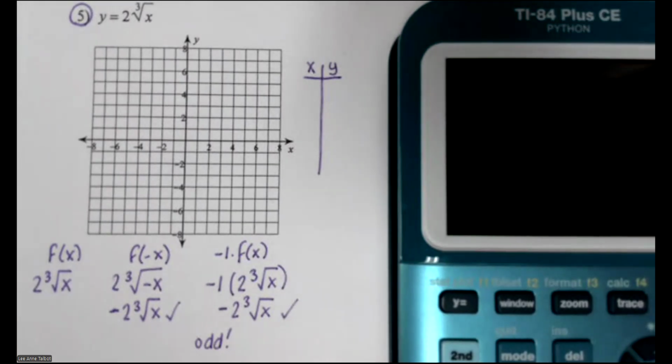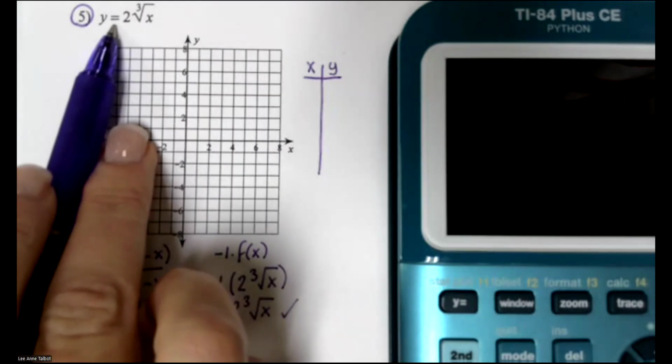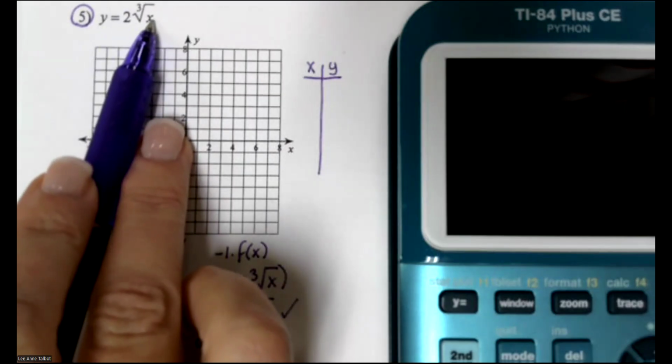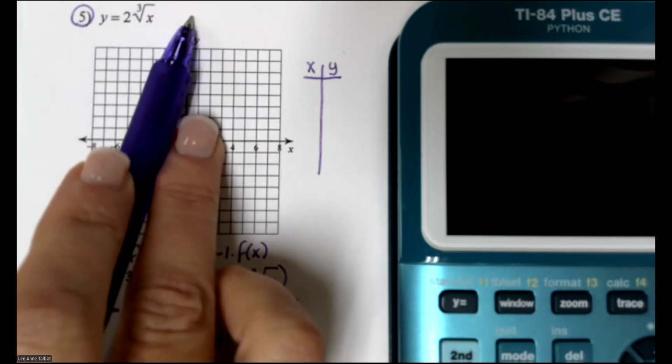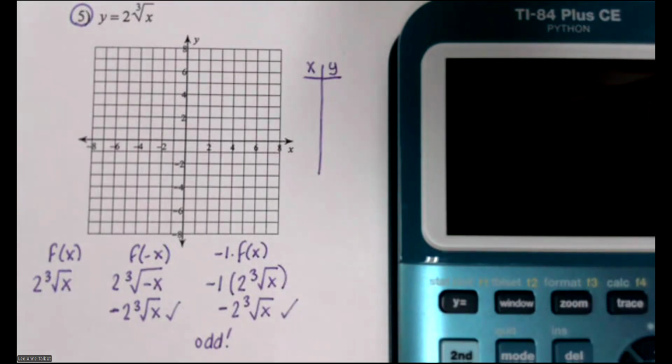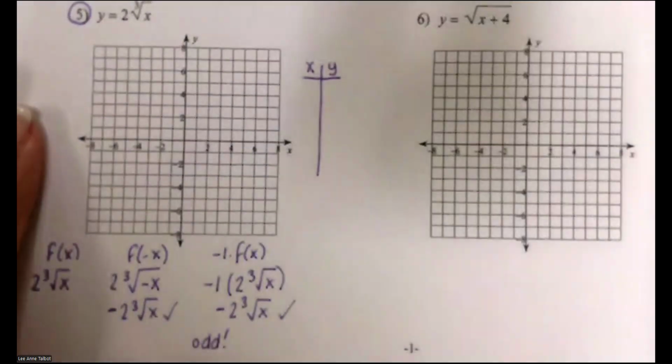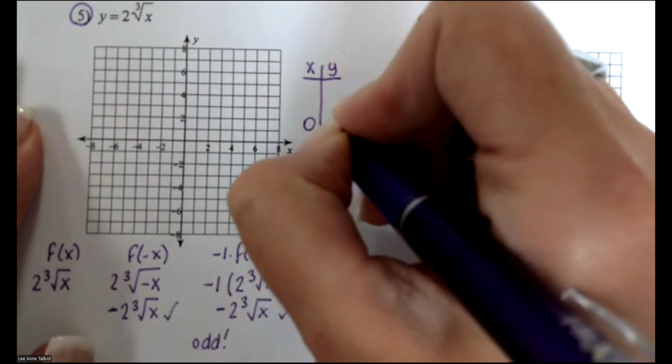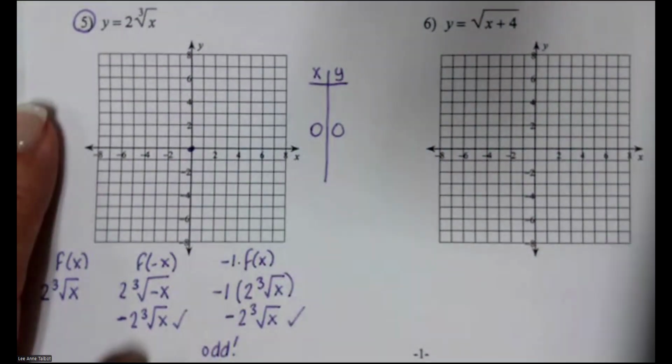What are A, H, and K in this problem? What's A? What's H? 0. And what's K? 0. So A, H, and K are 0, which means that the inflection point of this cube root graph is located at the origin. That's not really shocking to you after we cheat. I just wanted to talk about it before we started cheating.